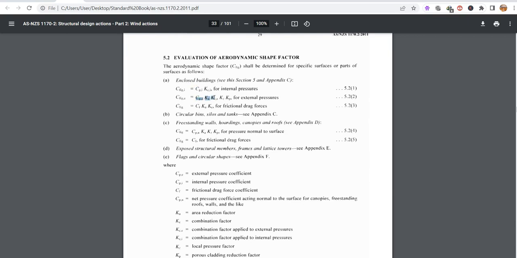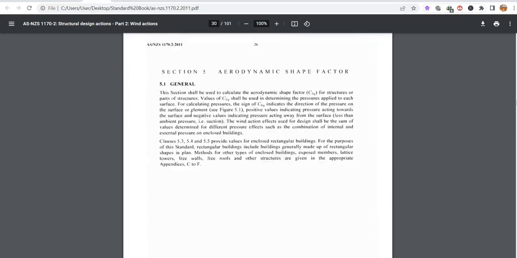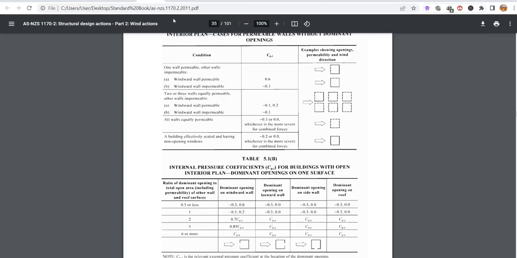The first thing we need is the external pressure, and then the internal pressure. So go to clause 5.2.1 and open the same manual. There we go.